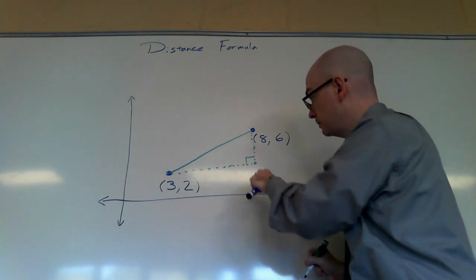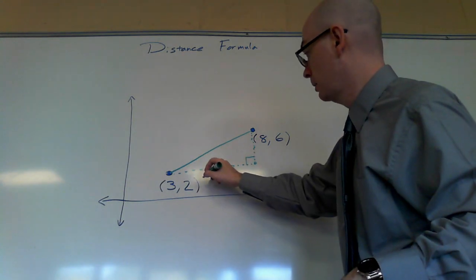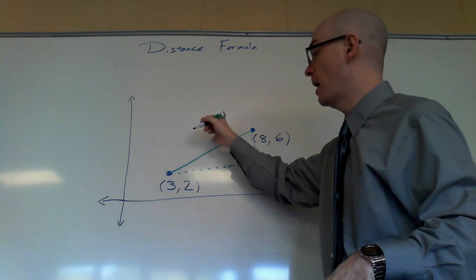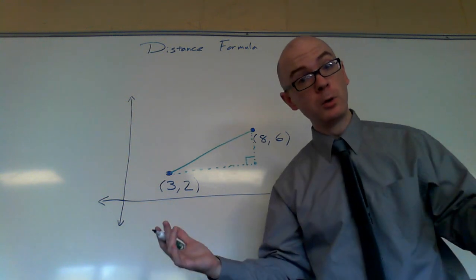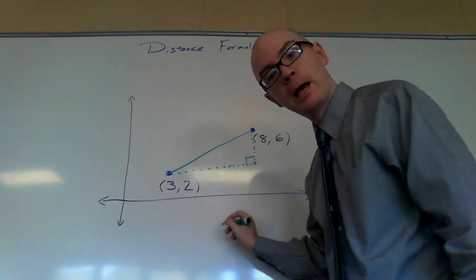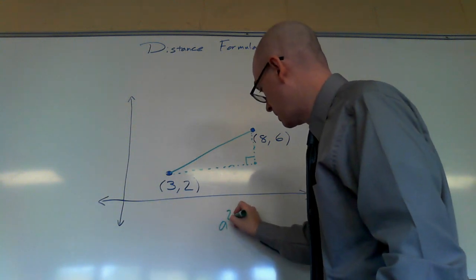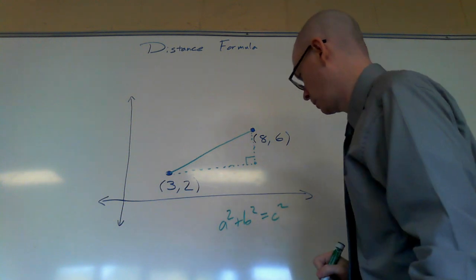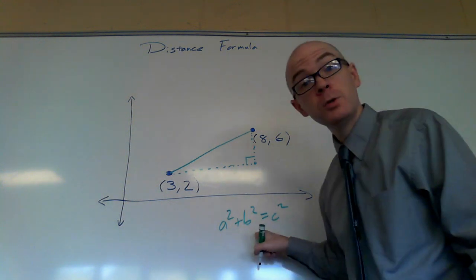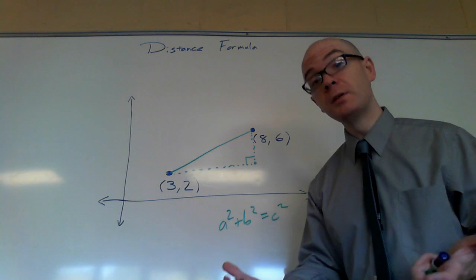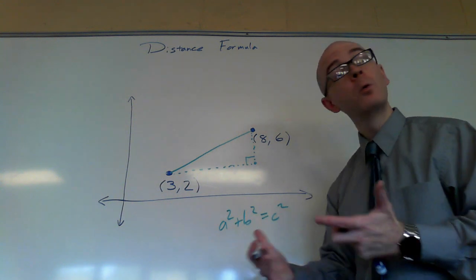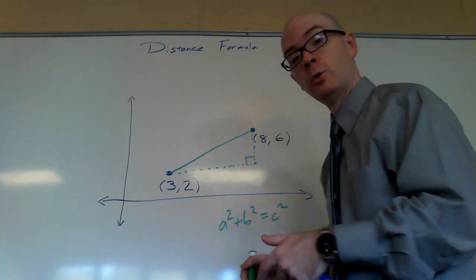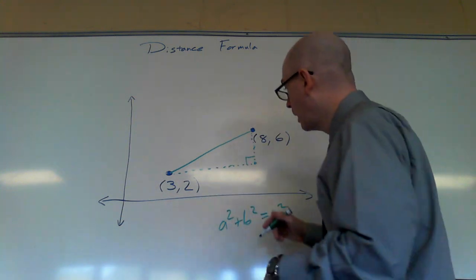If I've got 2 legs right here, and I don't know the hypotenuse, I can figure that out thanks to the good old Pythagorean theorem. Well, the Pythagorean theorem is just a squared plus b squared equals c squared. I can use that here, and that's basically what the distance formula is. It's another way of using the Pythagorean theorem in order to find the distance between 2 points on a plane.